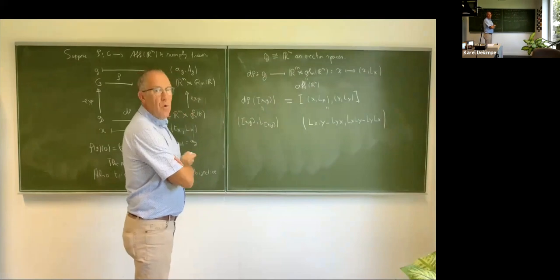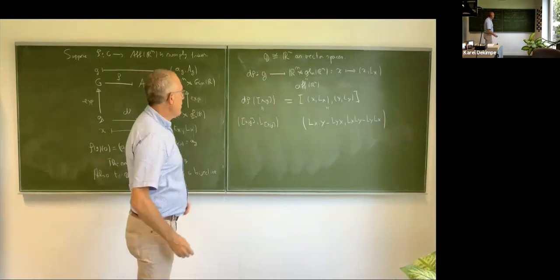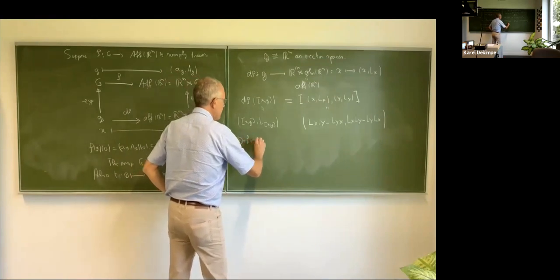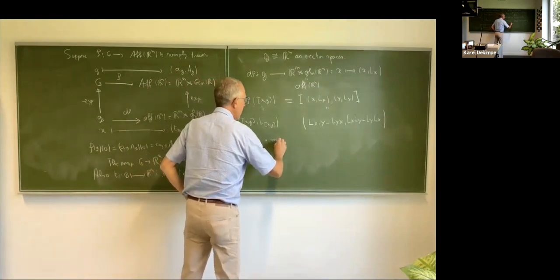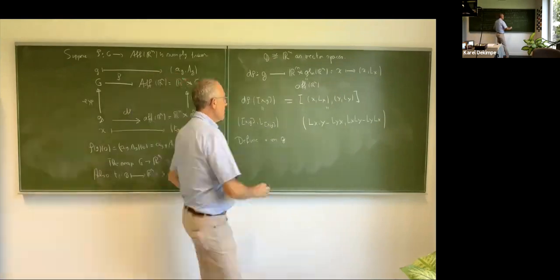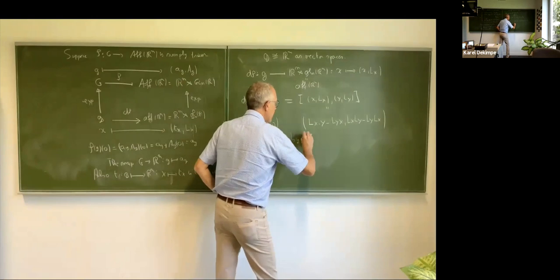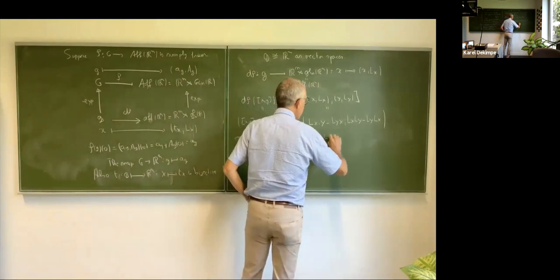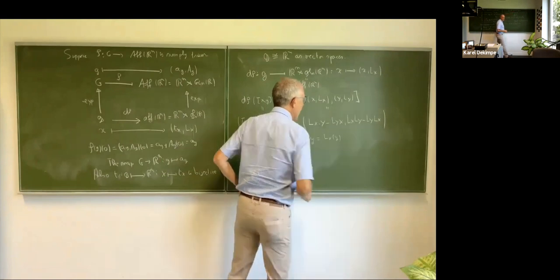And now what we see is the following. Well, define a product dot on G or Rn. This is just the same vector space, by x dot y equal to Lx of y.